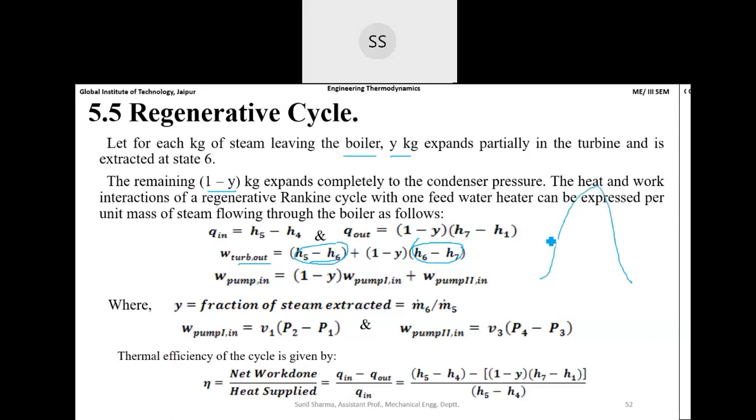This point is point number 7, this point is point number 1, and we are releasing heat in that way. And this is the 5. So 5 minus 6 for all, and 6 minus 7 for only 1 minus y.